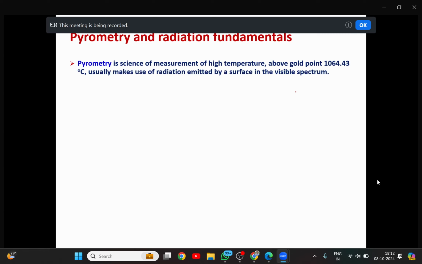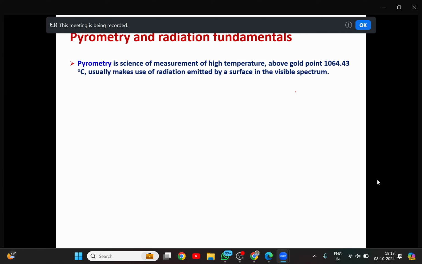The principle of pyrometry is based on the electromagnetic radiation emitted by a surface in the visible spectrum. If a surface is at some temperature, it will radiate electromagnetic radiation.